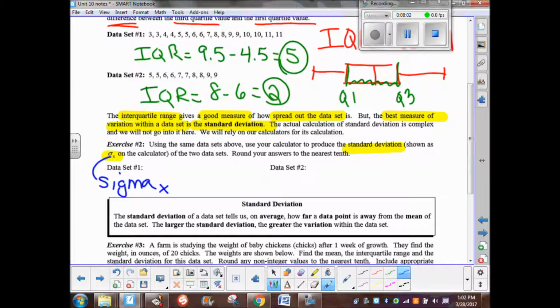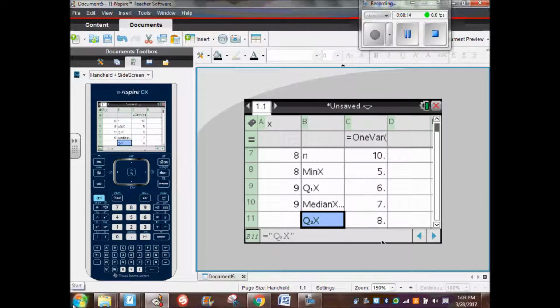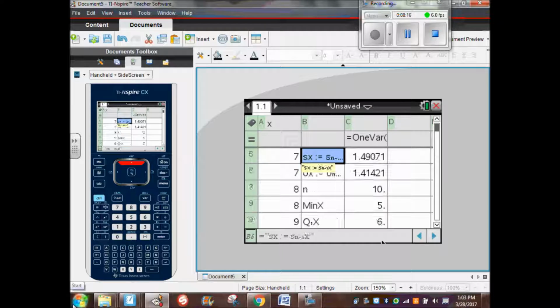So we already have data set 2 in our calculator, right? Did you guys clear it out or no? Don't clear it, because we can use it. So we have data set 2 in here, so now let's scroll through and find that sigma x. Did you find it?